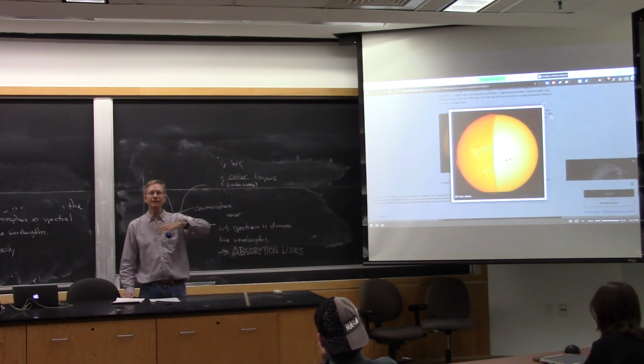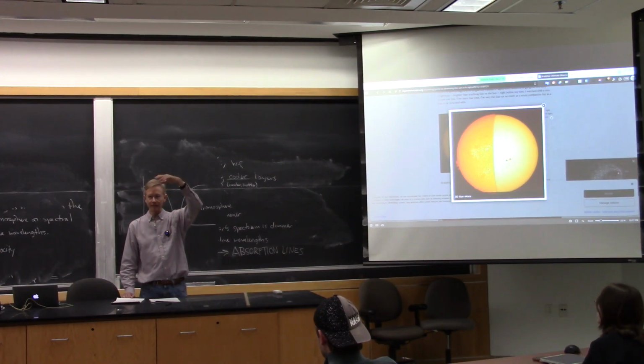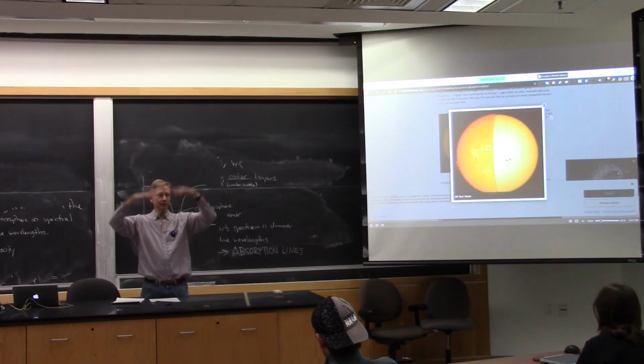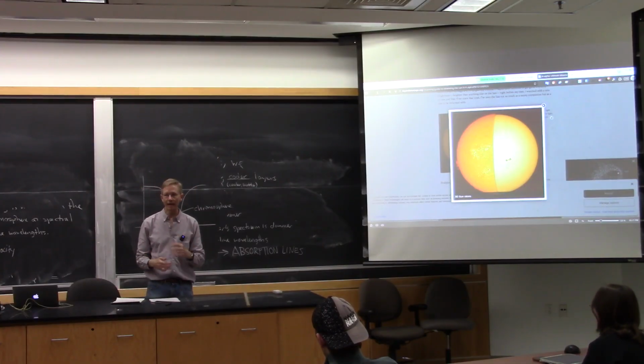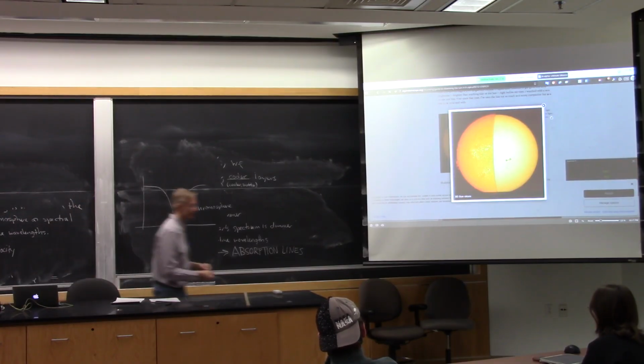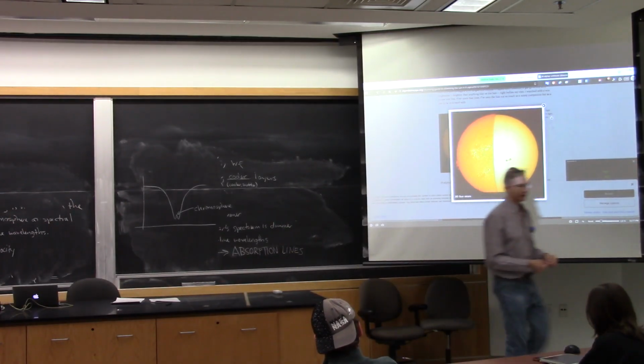But what if the temperature is increasing towards you instead of increasing away from you? What if the temperature is increasing with height towards you rather than decreasing with height towards you? What would happen then?